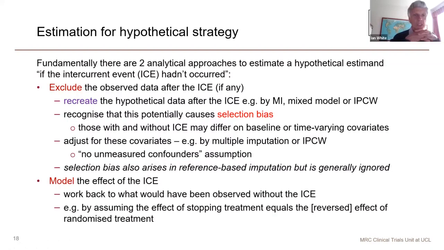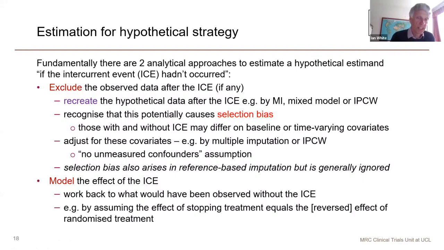So let's move on to the hypothetical strategy. And people who've spoken previously today have talked about one approach, and I do want to mention the second one. So the basic idea would be that you can exclude the data that are observed after the intercurrent event.